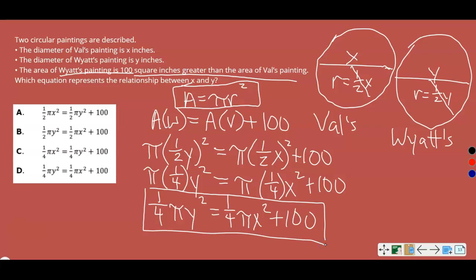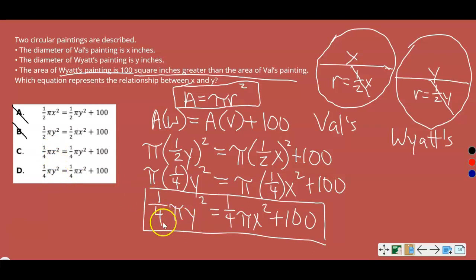And if you look on your answers here, we can see that A and B have 1/2 in both of their equations instead of 1/4. So we can go ahead and eliminate A and B confidently. And then I have C and D. So I look here and it says 1/4 pi, and this one has x squared and this one has y squared.